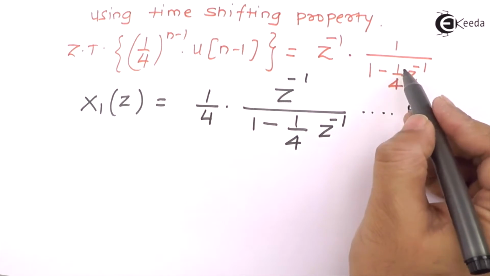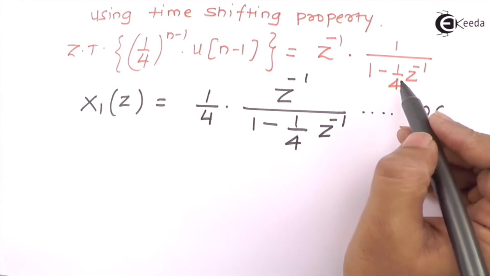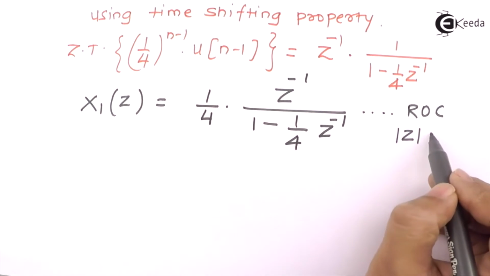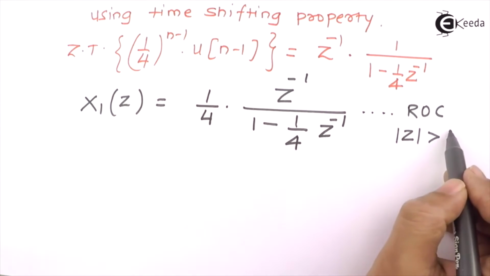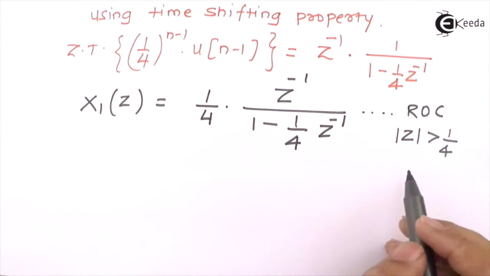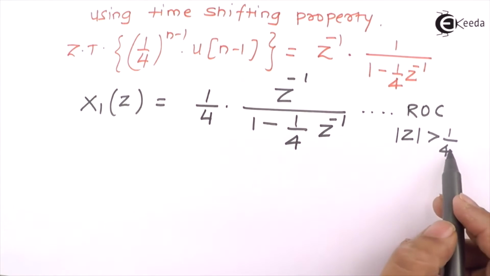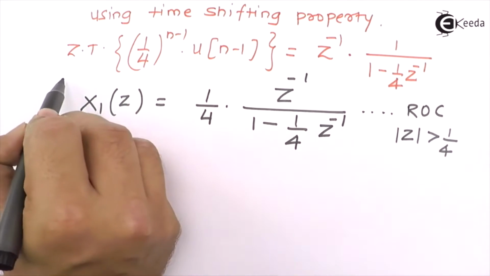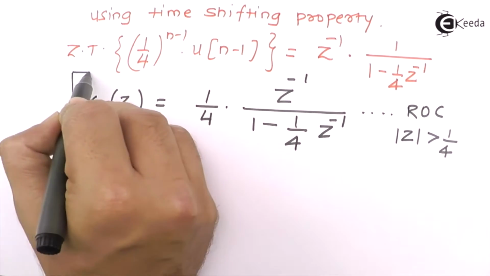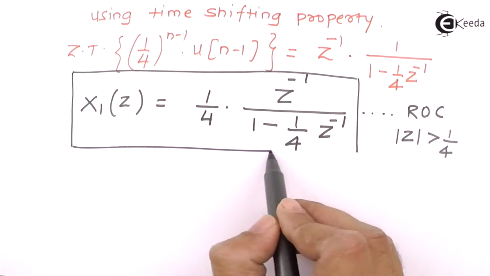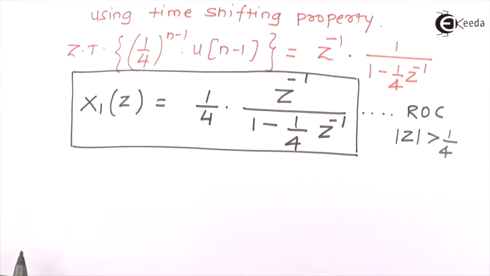Over here there is 1/4 Z inverse and u of n, which means we will get mod z greater than 1/4. It is outside the circle corresponding to a radius 1/4, origin at the center. So this is X1(z). Remember, the shifting property has also been used here.